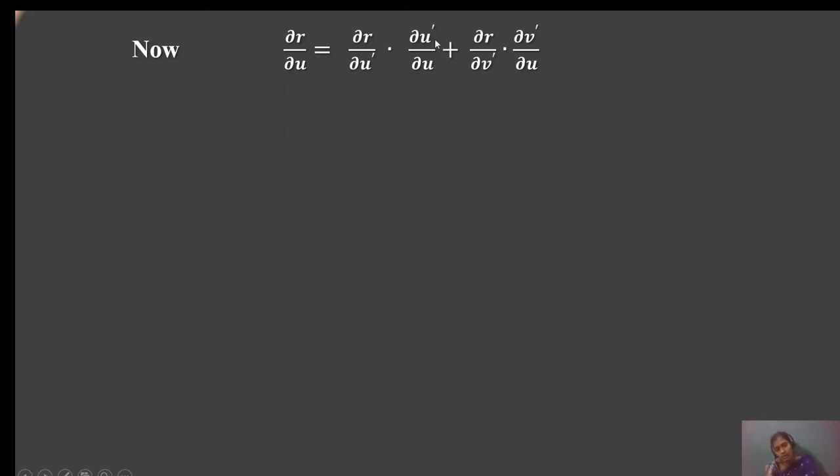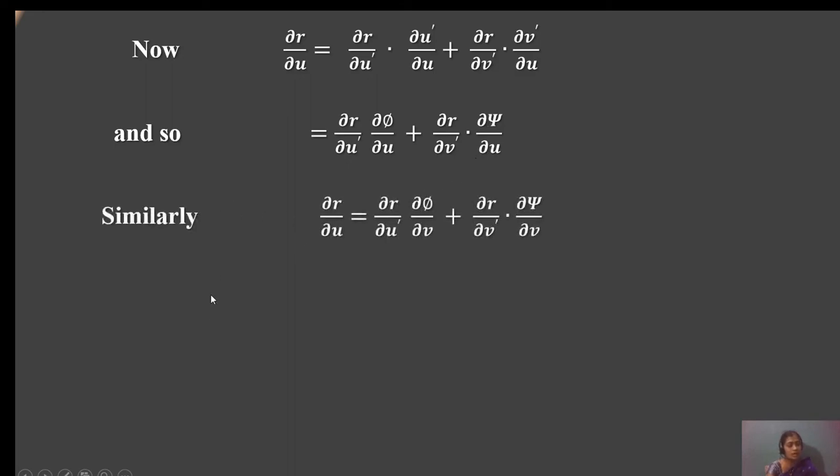Del r upon del u dash is phi, and so del r upon del u equals del r upon del u dash times del phi upon del u plus del r upon del v dash times del xi upon del u. Similarly, the v formation will be generated, del v in this formation.